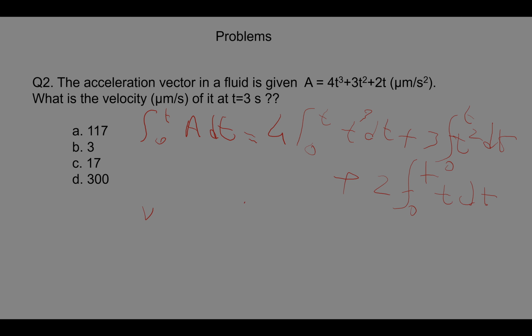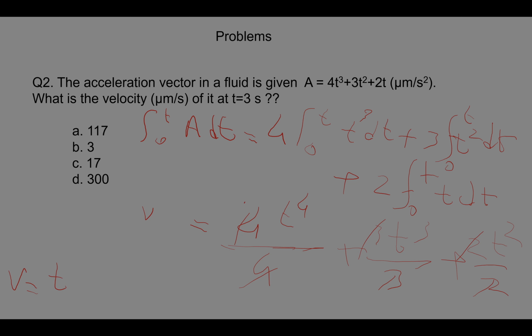Here you can see the integration will give the velocity: 4 times t to the power 4 divided by 4, plus t cubed, 3 divided by 3, plus 2t squared divided by 2. So everything cancels out, the 4, 3, 3, 2, everything.